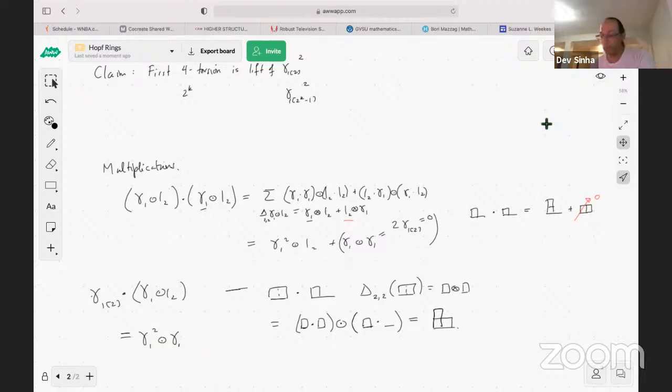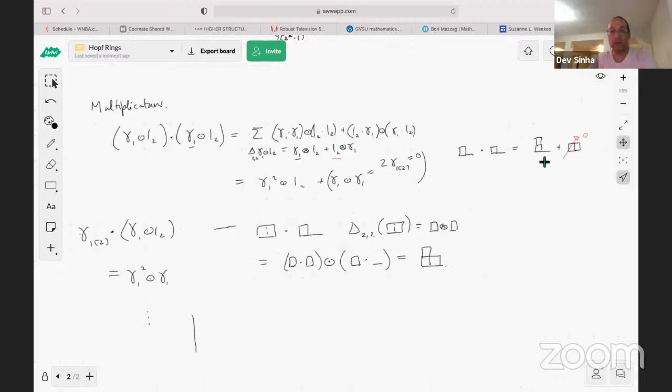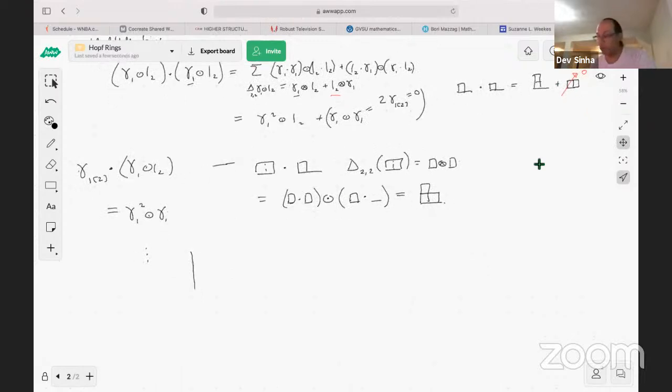And more generally, here's the general multiplication rule. If I have I and J here, and multiply it by some K and L, there's going to be two terms.